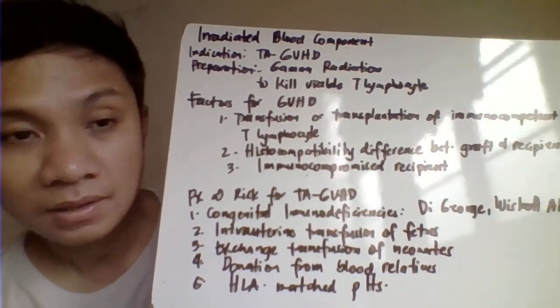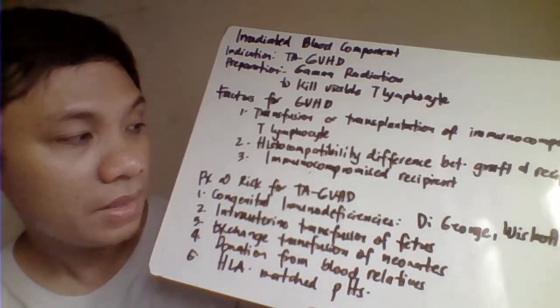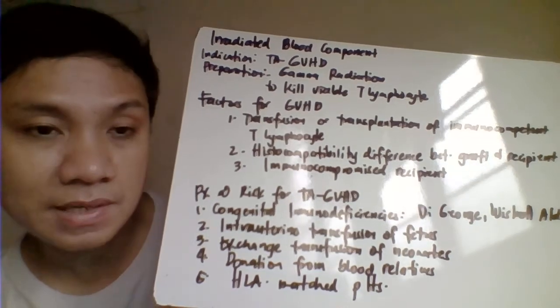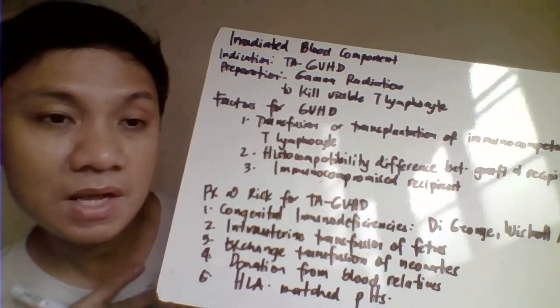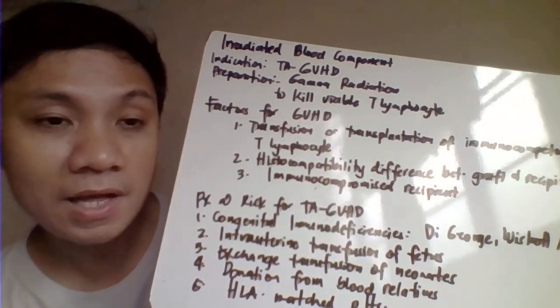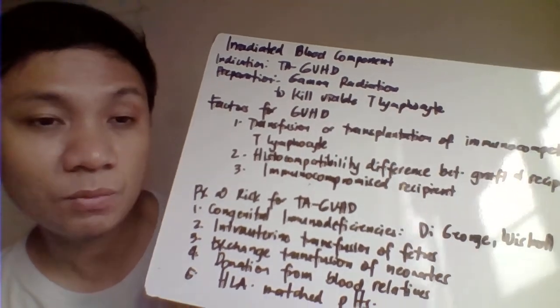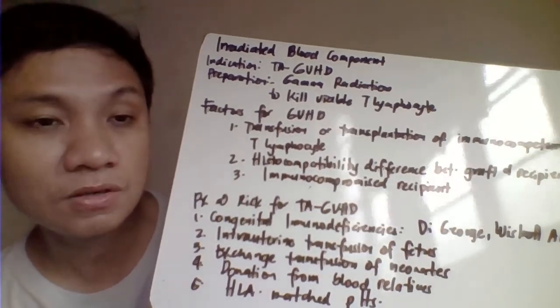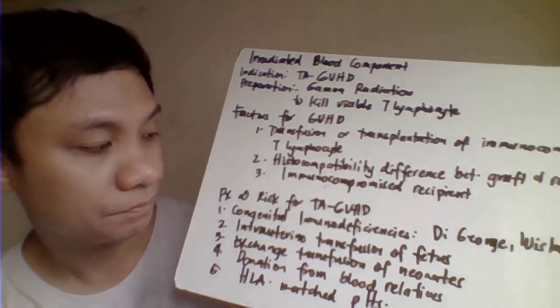The more different they are, the higher the chance of graft versus host disease. Third, an immunocompromised recipient, wherein the patient tolerates the presence of the immunocompetent T lymphocytes coming from the transplanted tissue or blood unit. Those transplanted immunocompetent T lymphocytes would be responsible for the destruction of the tissues of your recipient.